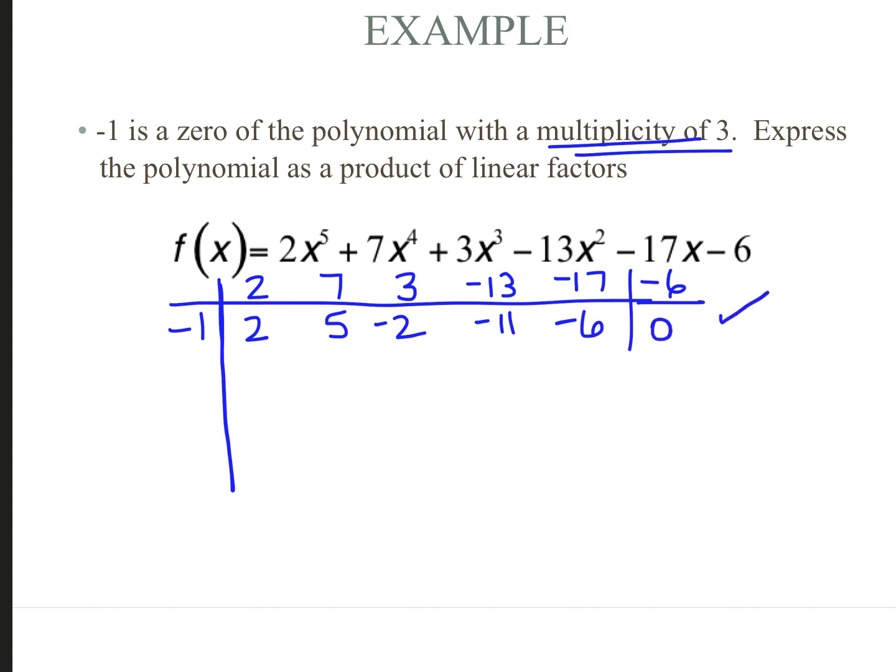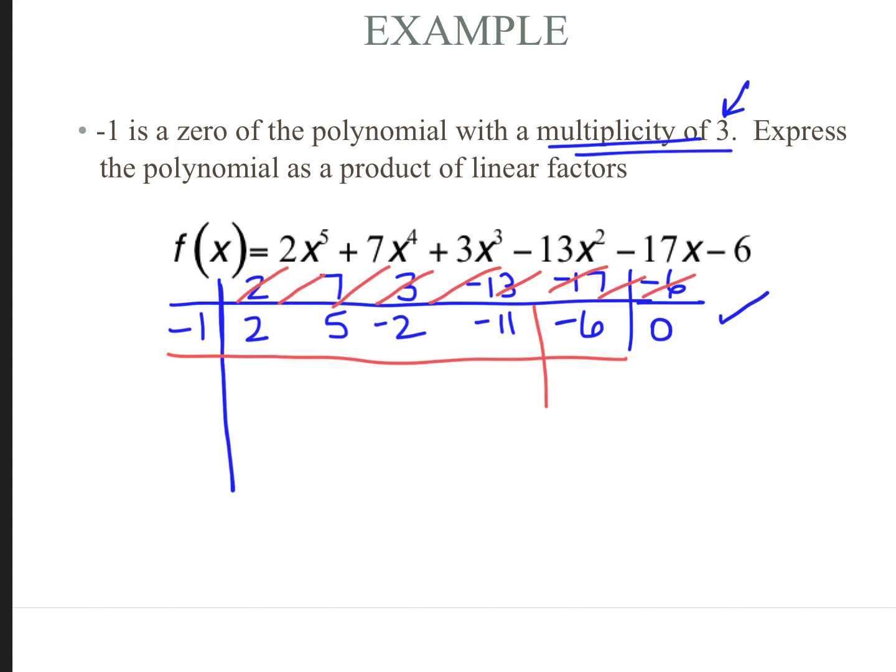So I can see that it works once. Now it's saying that it's a multiplicity of 3, so I'm going to send negative 1 through again, but not through the original. I want you to ignore those and send it through the depressed polynomial.